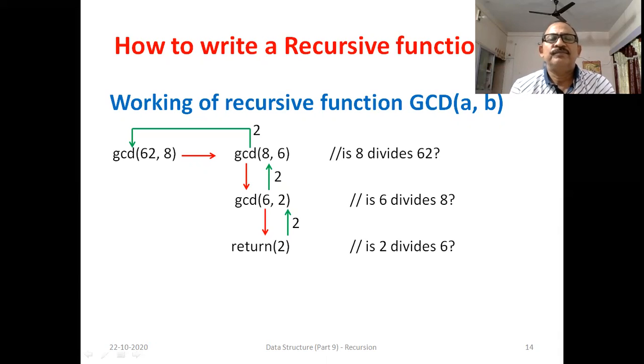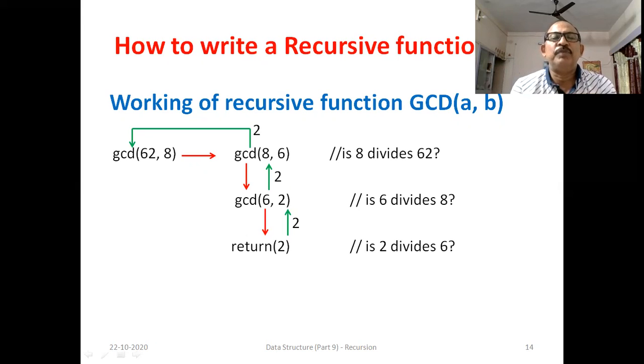Now again we check: does B divide A, means does 2 divide 6? The answer is yes. At this time the function GCD returns the value 2. GCD(6, 2) receives the value 2, and 2 is returned to the previous calling place.